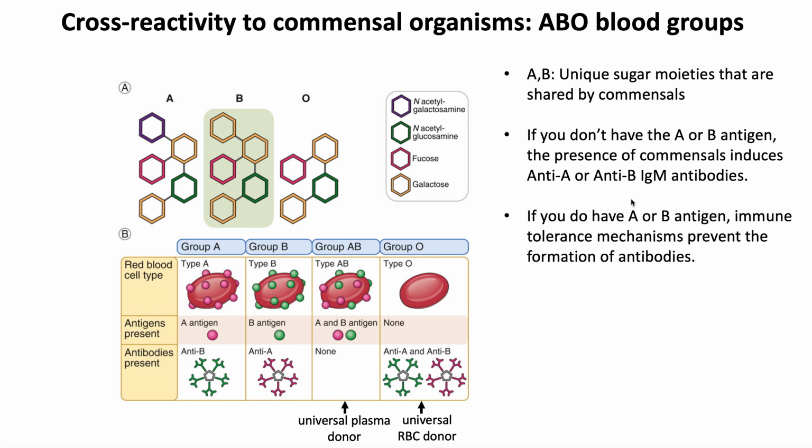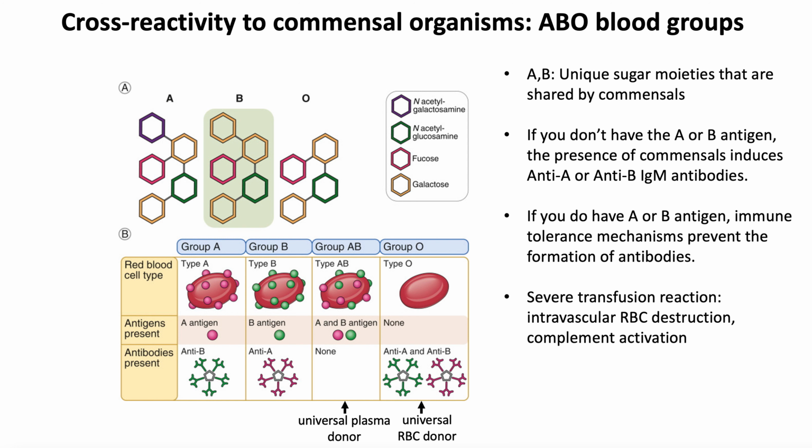If you do have the A and B antigens, immune tolerance mechanisms will kick in and you'll never form those antibodies. So this can lead to a severe transfusion reaction, which is an intravascular mechanism of red blood cell destruction due to complement activation. And this is very rare nowadays due to modern screening methods.